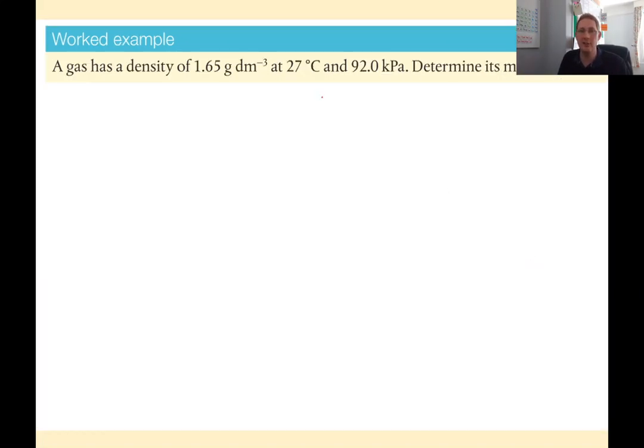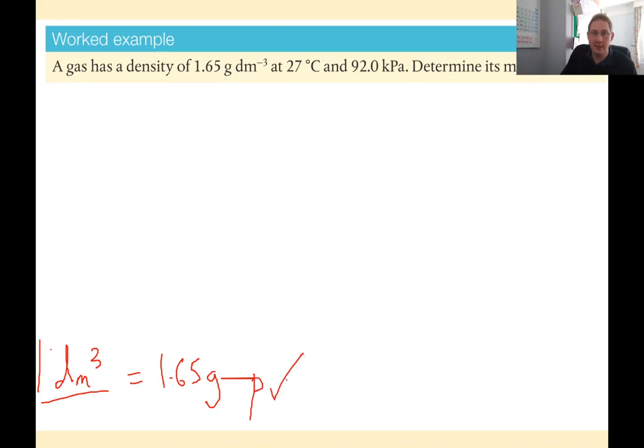Final thing, don't freak out if you're given a question like this, where you're given a density. Essentially, you can do the same thing. You just start by saying that 1 decimeter cubed equals 1.65 grams. And then, pressure, yes. Volume, yeah, we've chosen 1 decimeter cubed. n, no, we're trying to find that.